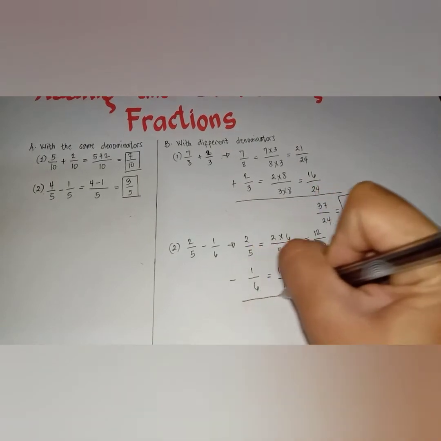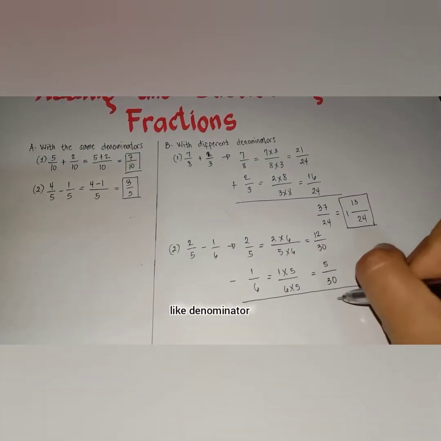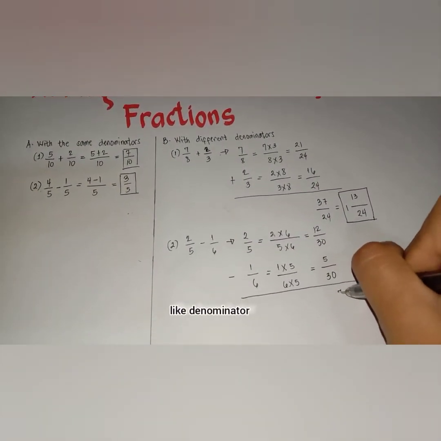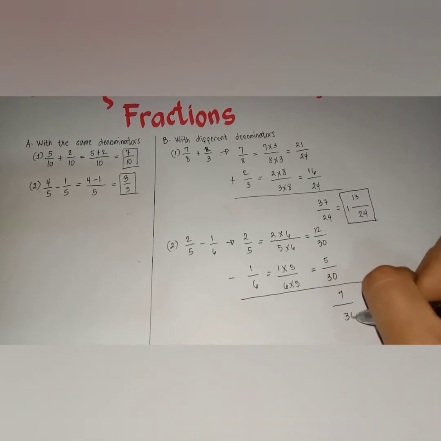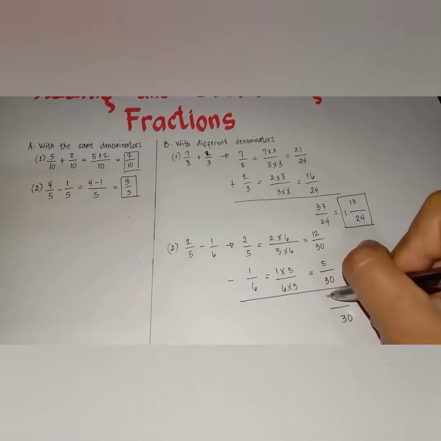And we get 30 as our common denominator. So 2 over 5 minus 1 over 6 is equal to 7 over 30.